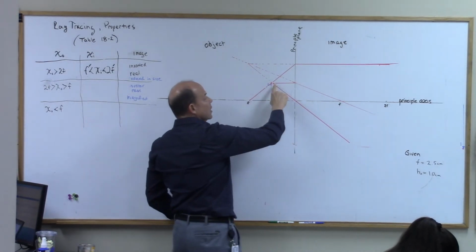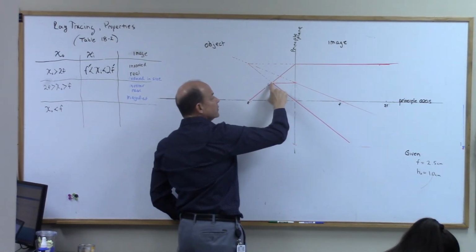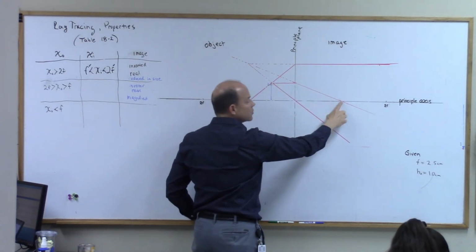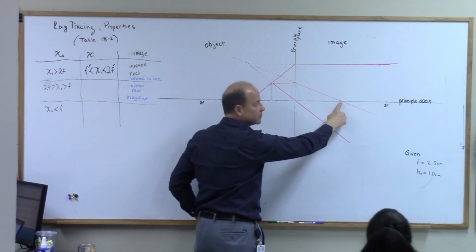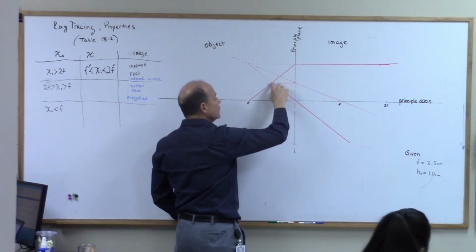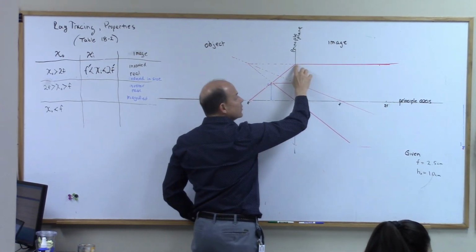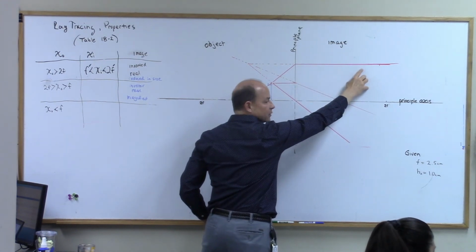So, a ray coming from the object that's parallel to the principal axis is going to converge towards the focal point on this side. A ray that appears to come from the object and goes through the focal point on this side is going to be refracted parallel.